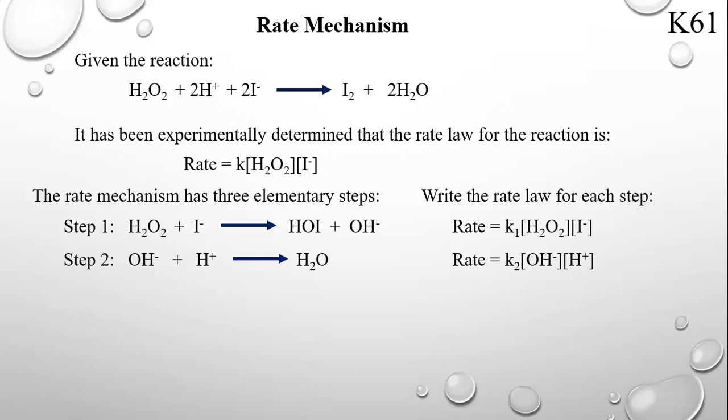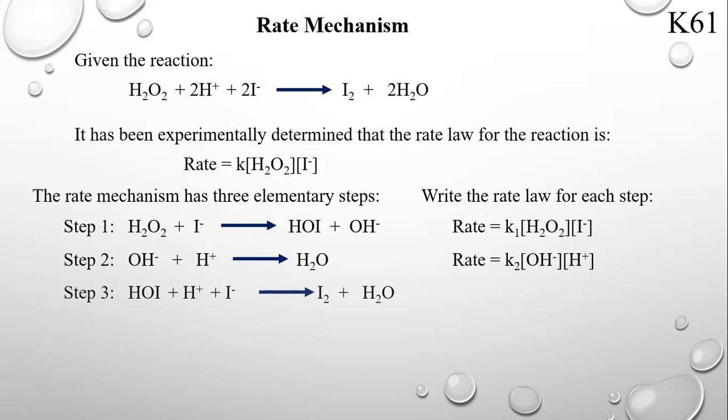It has its own rate constant, k2, times the OH minus concentration times the H plus concentration, and there you go. Since the coefficients in front of OH minus and H plus are both 1s because you don't write them, that means the exponent above OH minus and H plus is also 1. Again, that's only true when it's an elementary step reaction that you can use the coefficients as exponents. I'm going to say that 100 times because you want to be sure that sinks in.